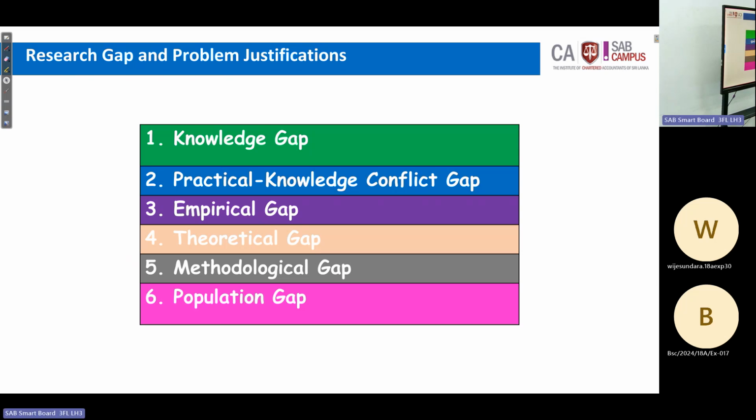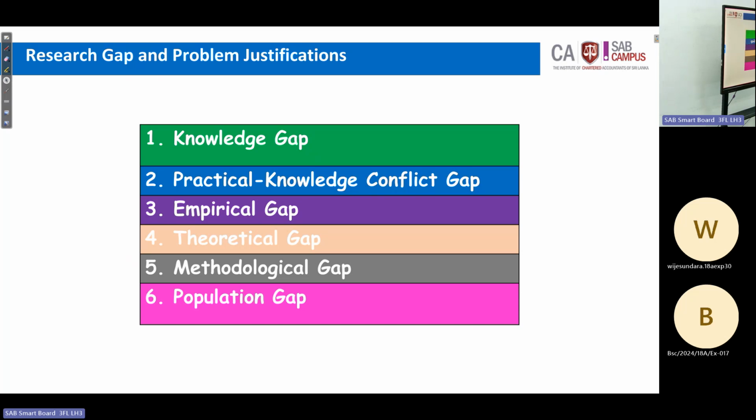But when it comes to the findings of the literature review, there are fewer studies available on sustainability towards environmental performance.